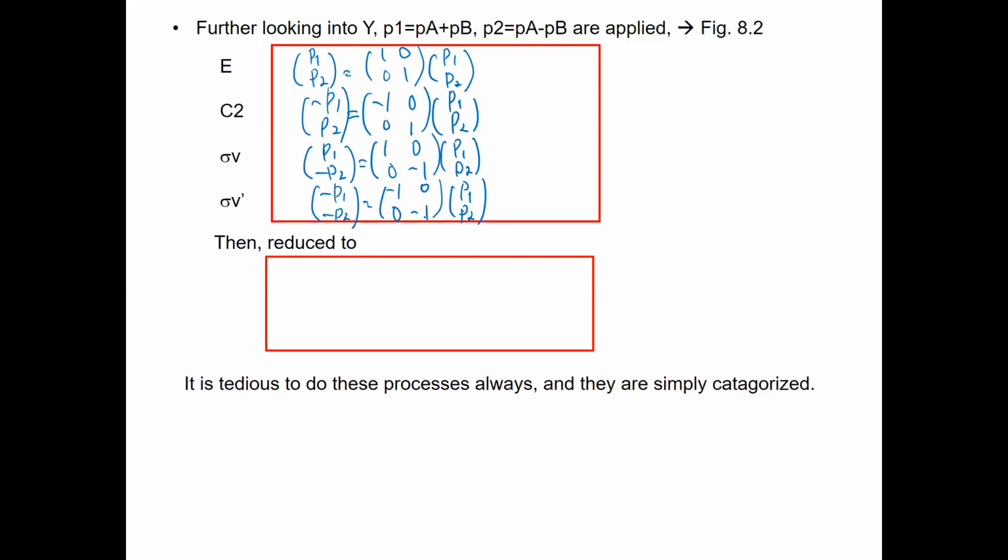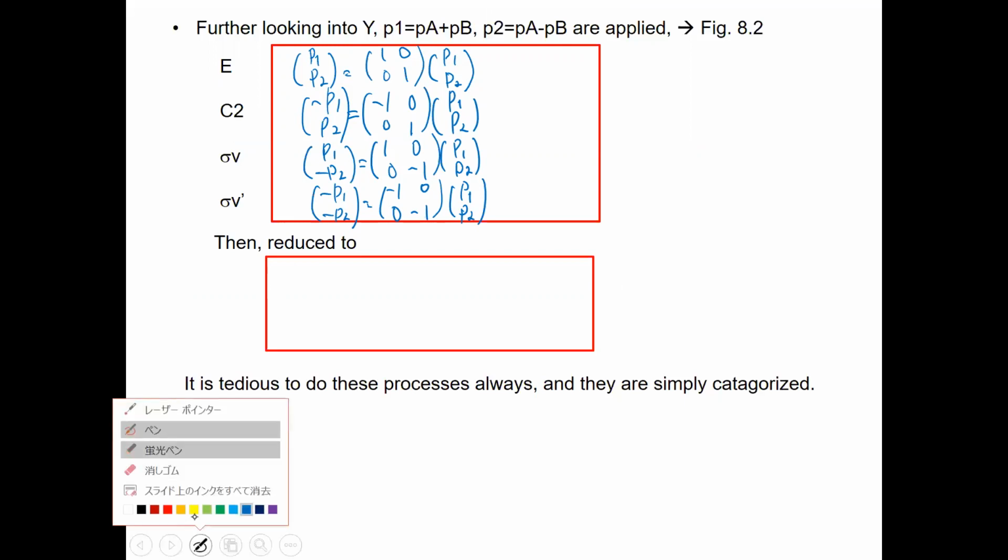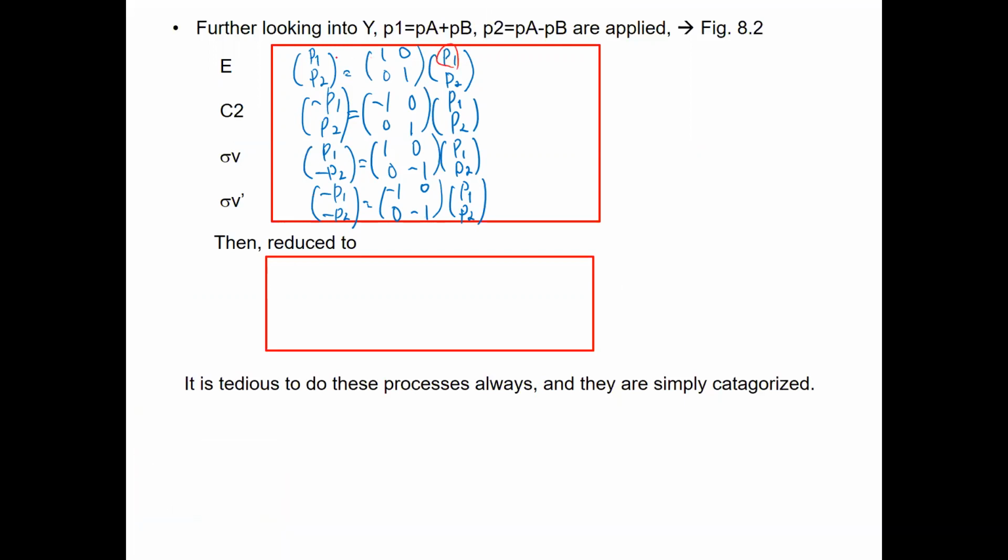So what you could notice now is that P1 is always expressed by P1, and P2 is also expressed by P2, because in the matrix it's separated like this. So now P1 and P2 are independent, so these can be reduced.